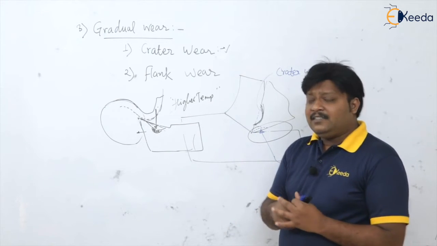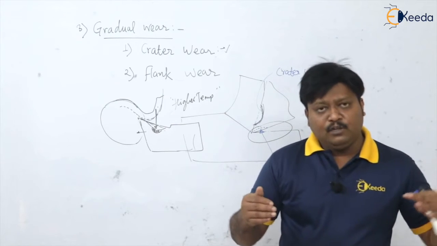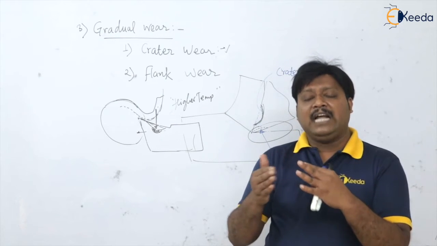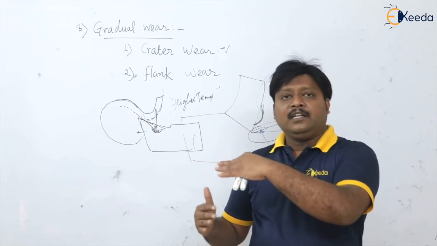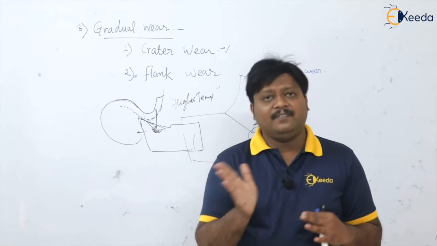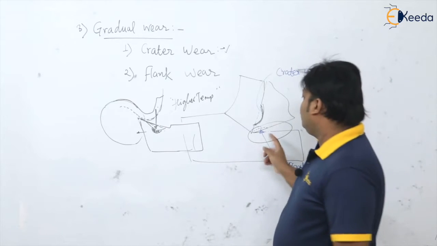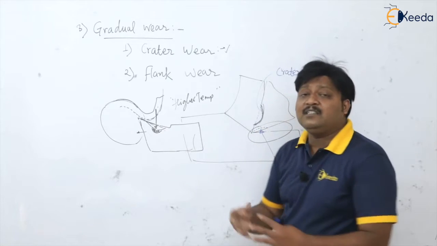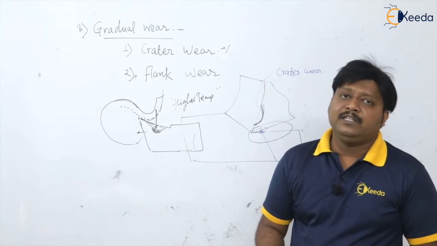When these get welded or adhere, again because of the friction between the workpiece and the tool, they are simply removed. But when they are removed, a small quantity of the tool material also comes with them, which produces some loss of the tool material and results in wear.